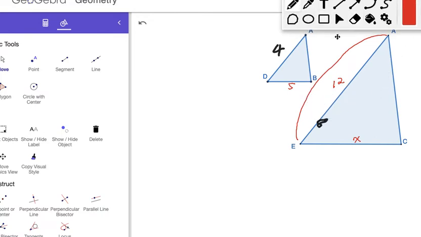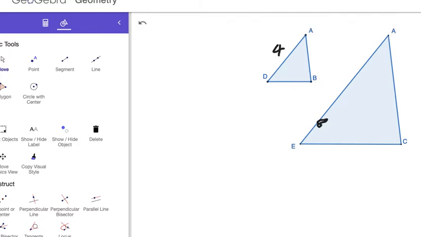Now, as we mentioned before, corresponding sides are proportional. So let's write down the matching sides. 4 over 12. AD is matching to AE.